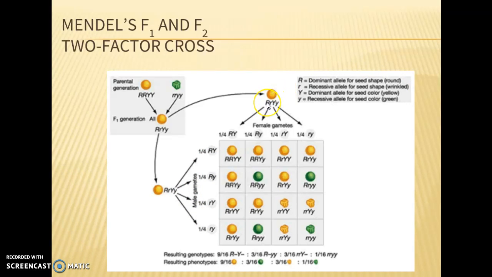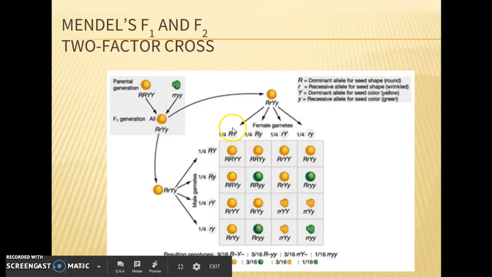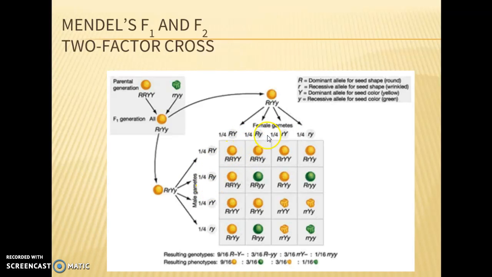It's like doing the FOIL method. Big R, big Y, big R, little y, little r, big Y, and little r, little y. And then we cross them here. Big R, big Y, big Y, big R, big R, big R, little y. And we can see the results that we get here.